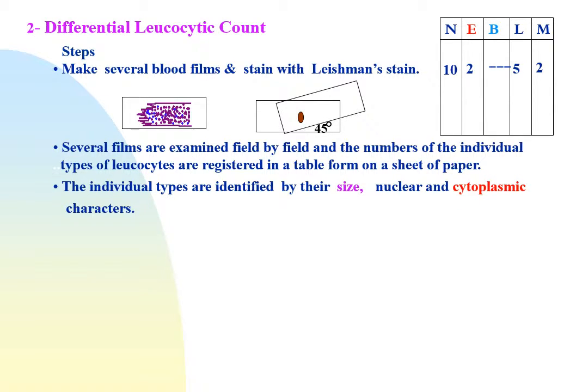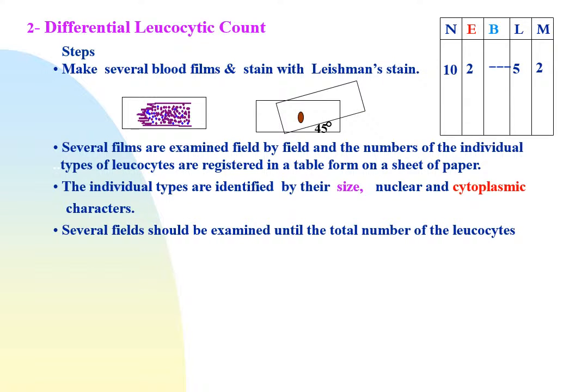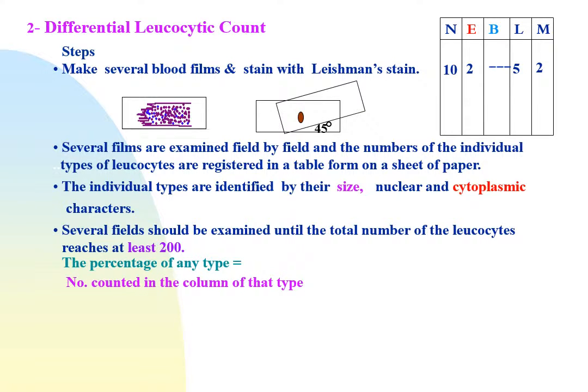Several fields should be examined until the total number of leukocytes counted reaches at least 200. The percentage of any type of leukocyte is calculated from the following equation: the number counted in the column of that type divided by the number of leukocytes in all columns, multiplied by 100.